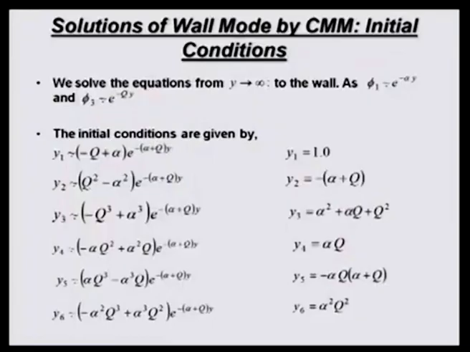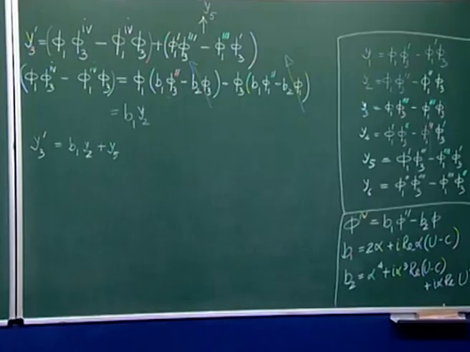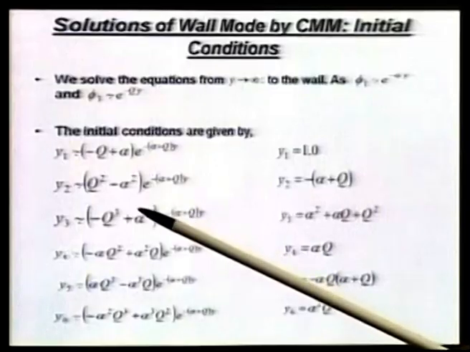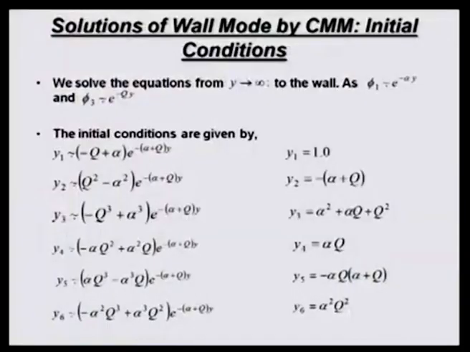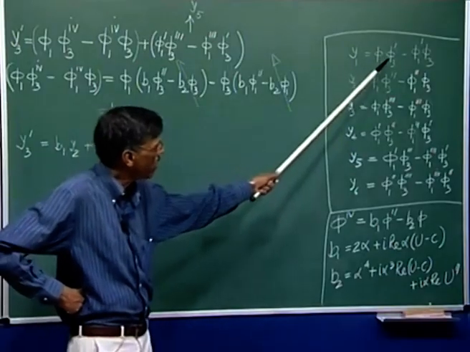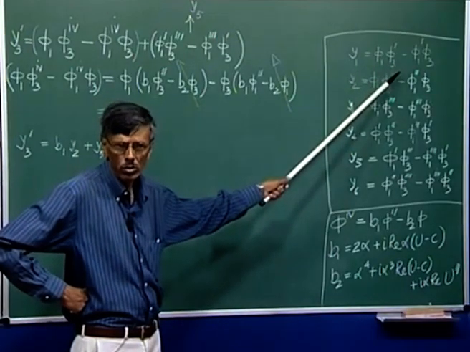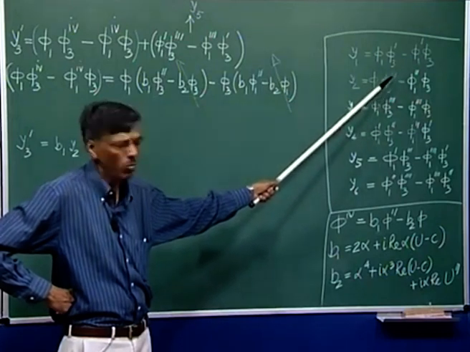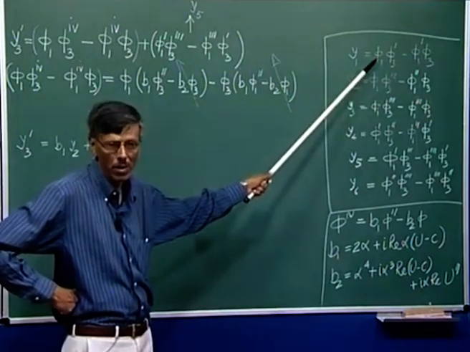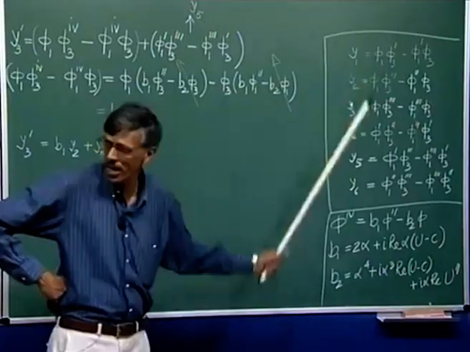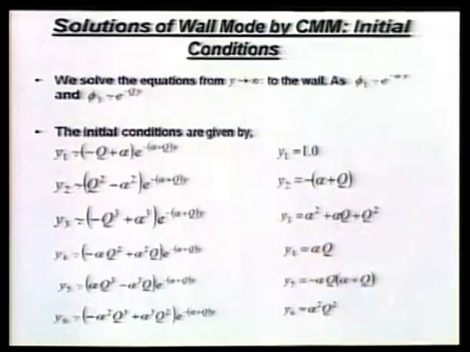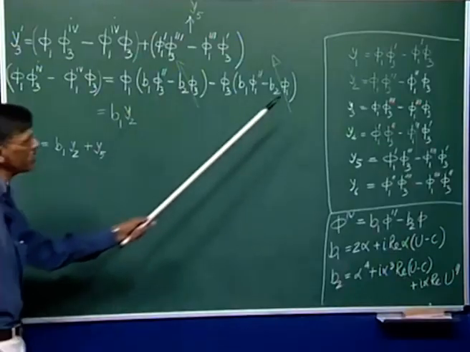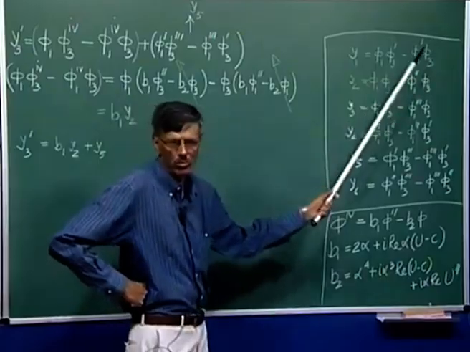So, I can use those definitions, then y 1 works out to minus q plus alpha e to the power minus alpha plus q into y. That is easy, right. You can do that. Phi 3 prime will be nothing but q times e to the power minus q y, and this is of course already e to the power minus alpha y. So, those two products will give me this exponential quantity, and you notice that this gives me that exponential quantity, this also gives me the same thing.